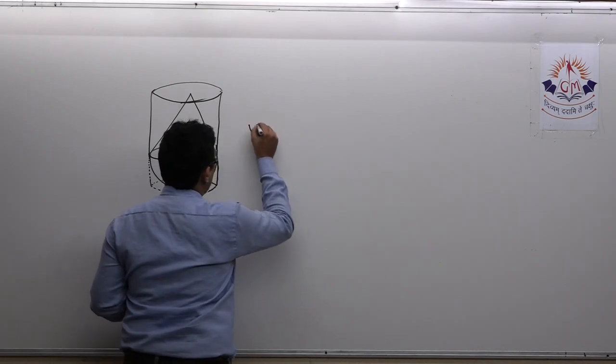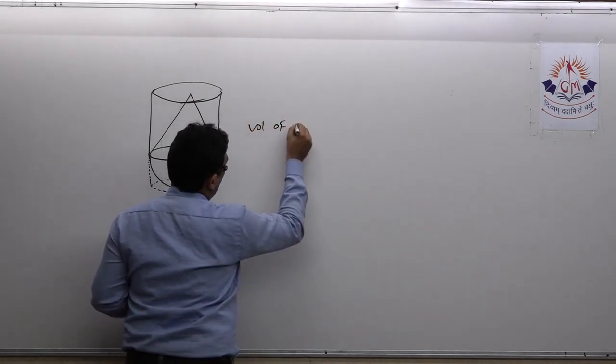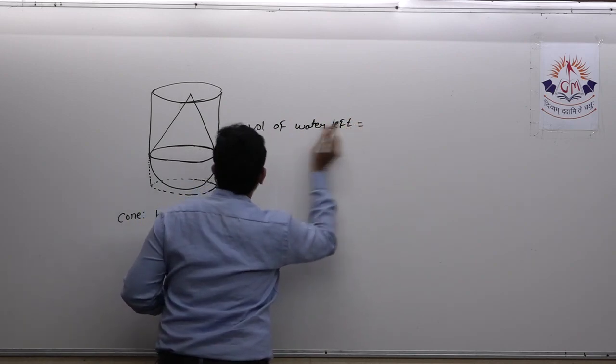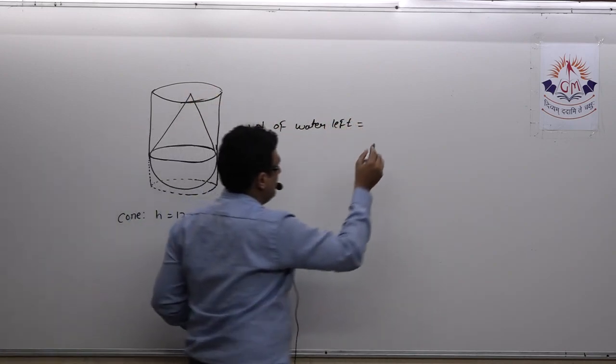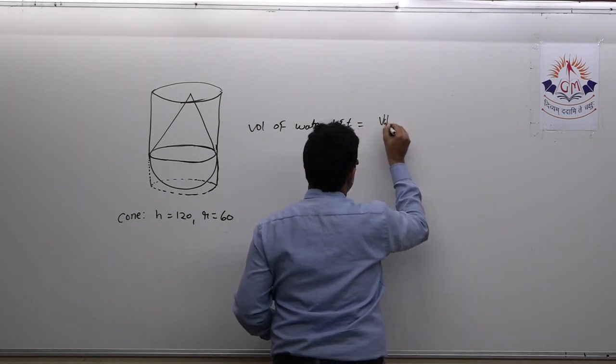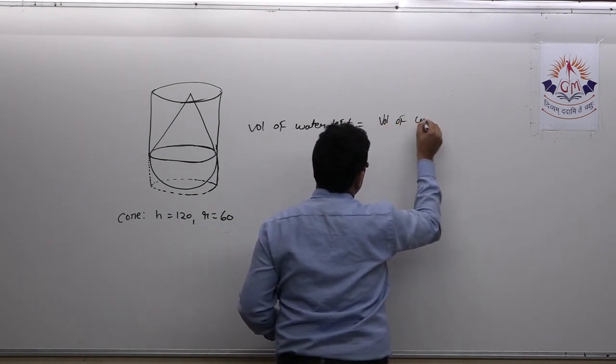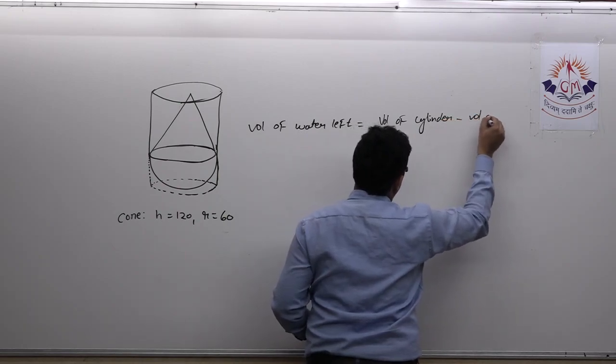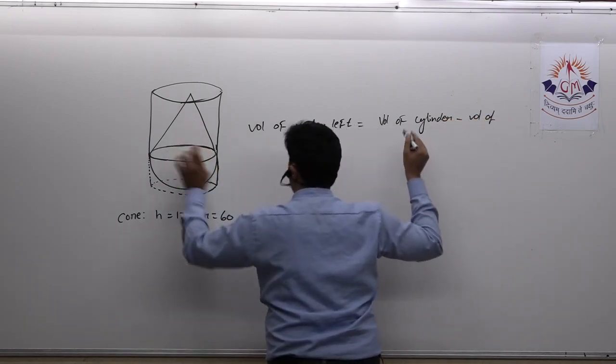So volume of water left must be equal to volume of cylinder minus volume of this solid.